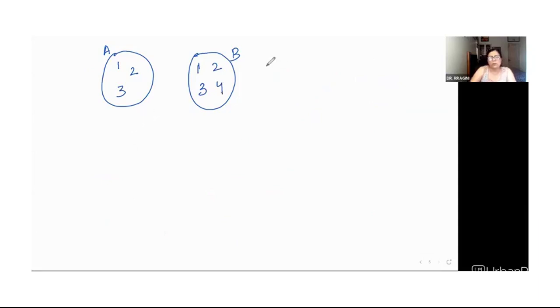Let me take one more example. Let A be 1, 2, 3 and B be 1, 2, 3, 4, right? Now, if we write the Cartesian product, what is A cross B?